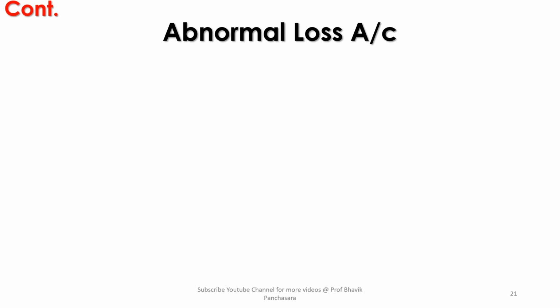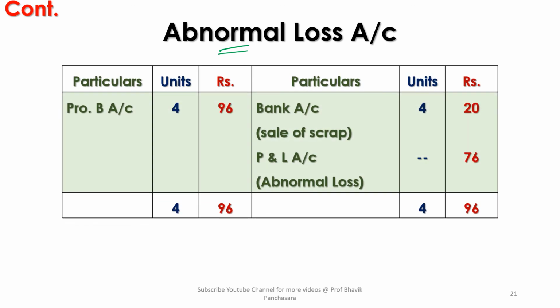Okay friends, after preparing process accounts we will go for abnormal loss account. To prepare abnormal loss account, first of all we have to find out in which process abnormal loss was there. So we can say that in process B we have recorded abnormal loss. In process B abnormal loss we had recorded on the credit side.